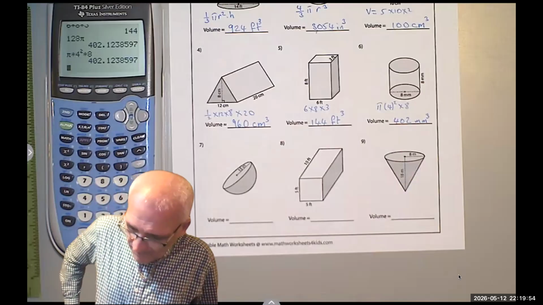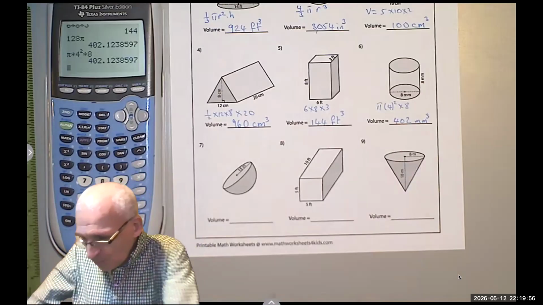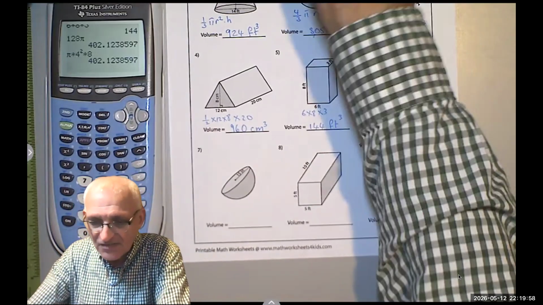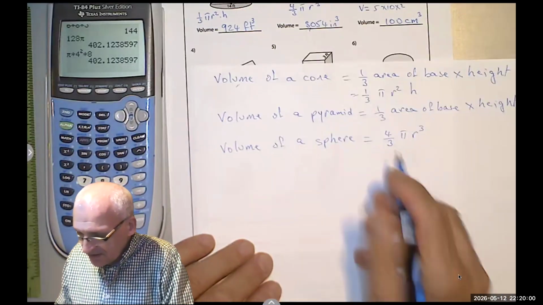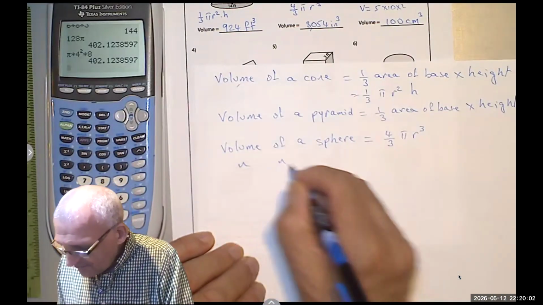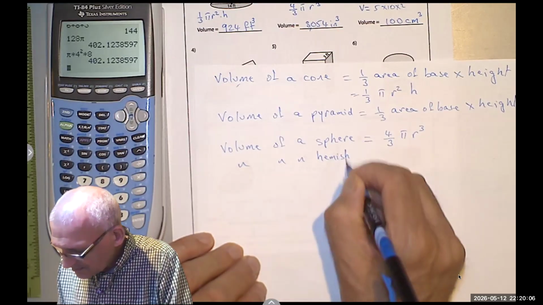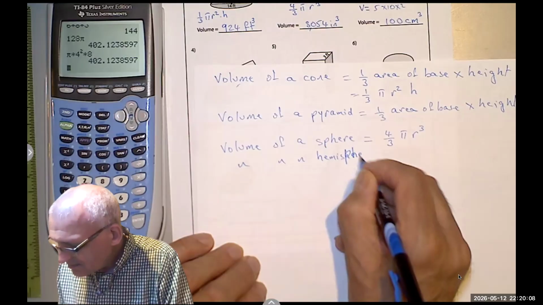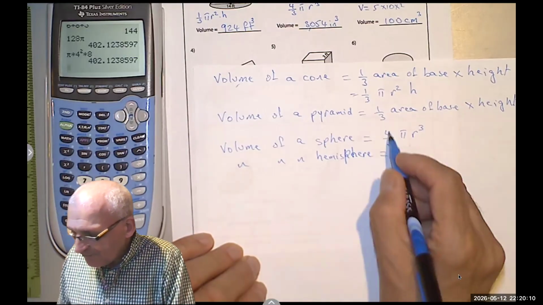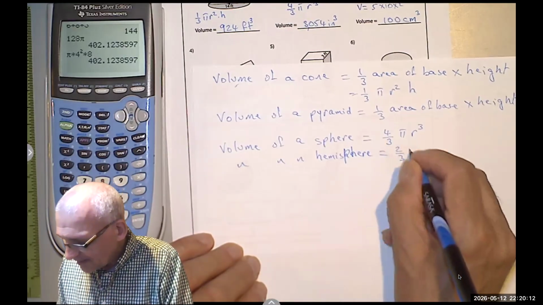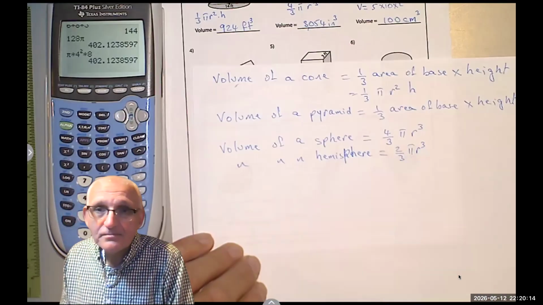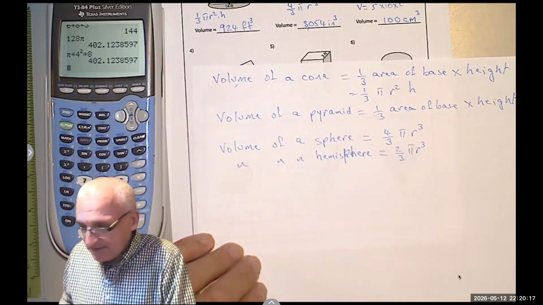This one is half a sphere. We said the volume of a sphere is 4/3 pi r cubed. So the volume of a hemisphere would be half of that. Half of 4 is 2, so 2/3 pi r cubed. Right?